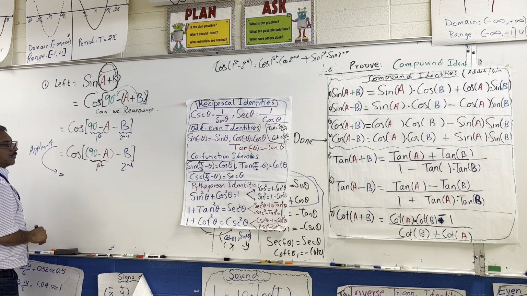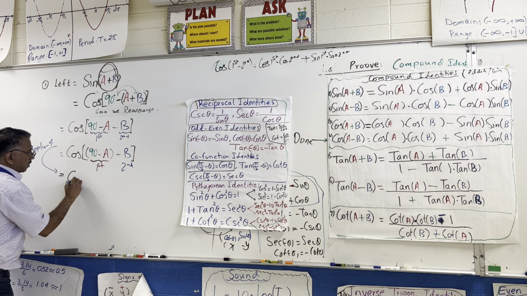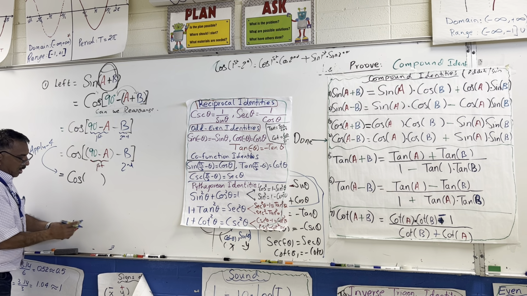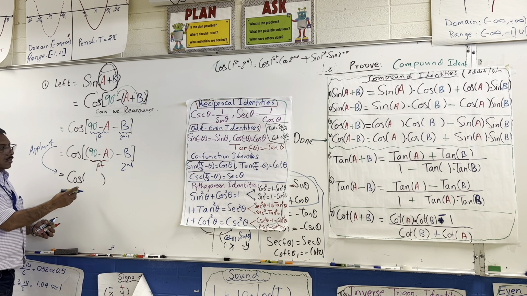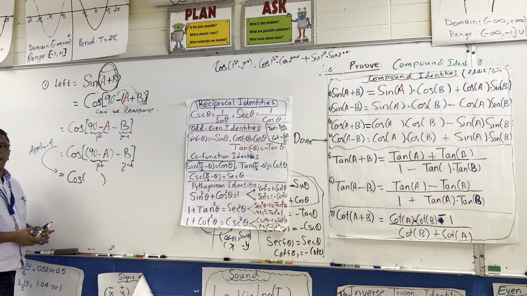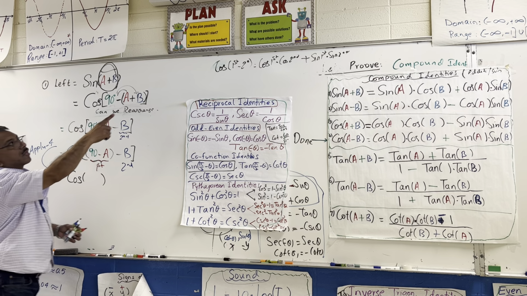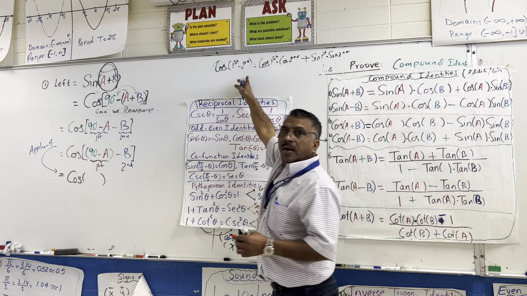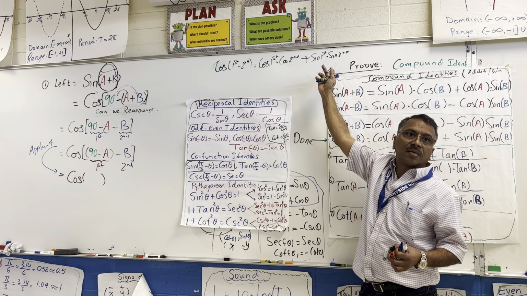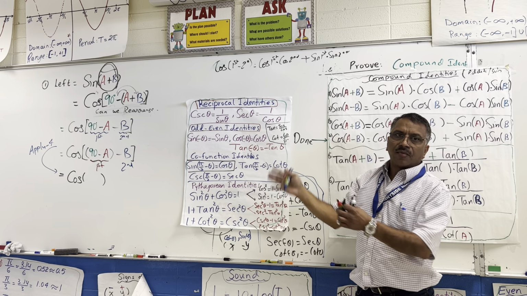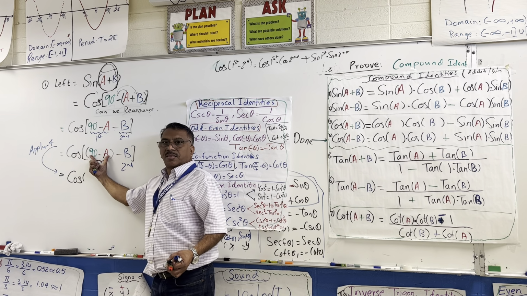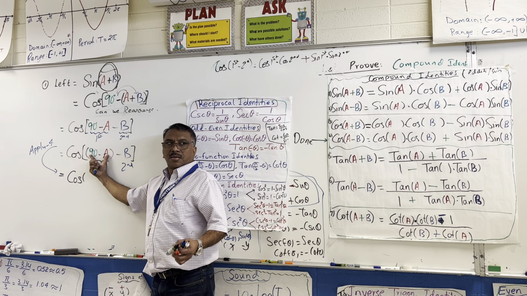Equals cos, tell me, what's the first part here? You can think like 1 and 2, right? So you say cosine first, cosine second, plus sine first, sine second, agree? So now we are deciding which is first and which is second. So this whole thing is the first, 90 minus A. Okay, Bianca?